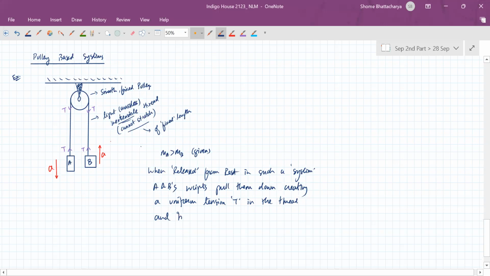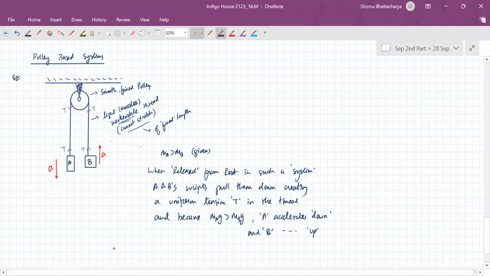And because A's weight is greater than B's weight, A accelerates downwards and B accelerates upwards. This is what happens.